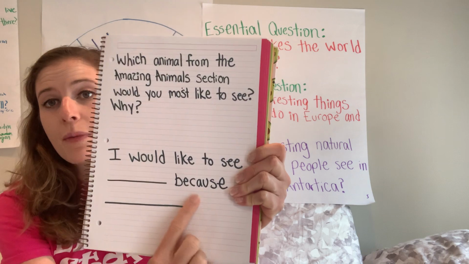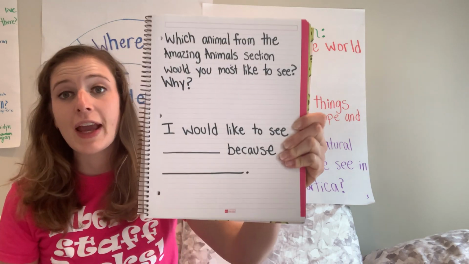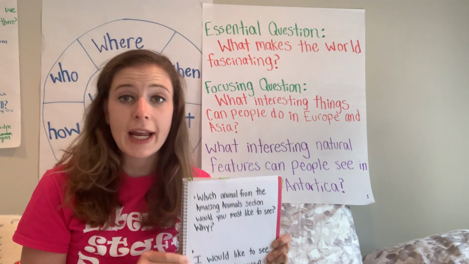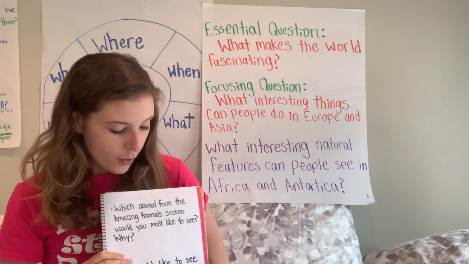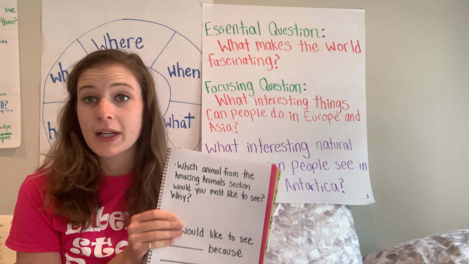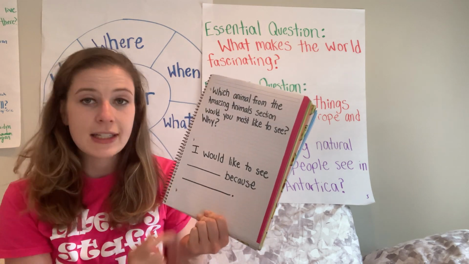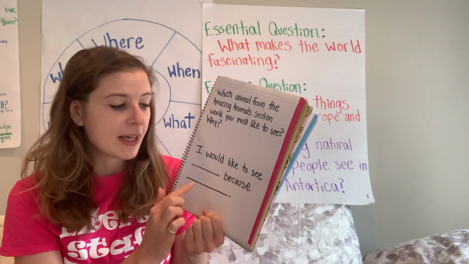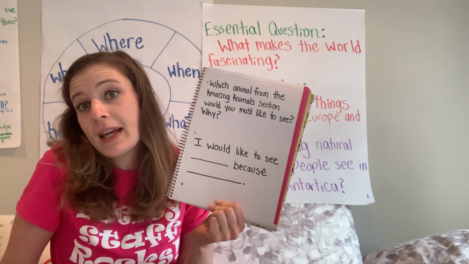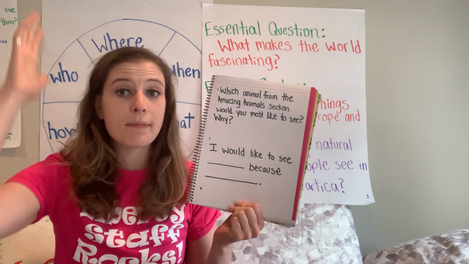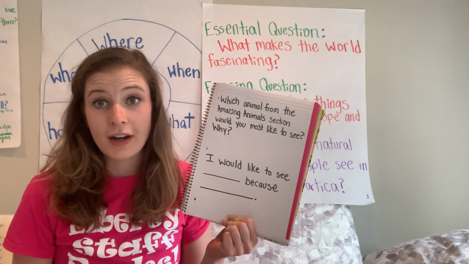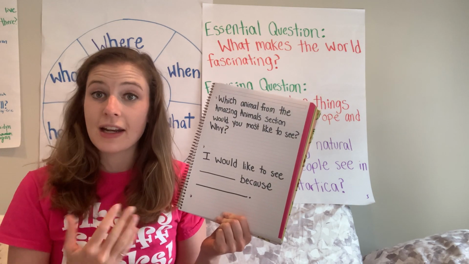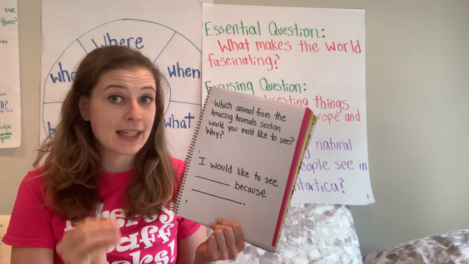Then you need to write that word because, and you need to give a reason. Good writers give a reason for their opinion. So if you decide that you most want to see a lion, then you need to tell me why. You need to say because, maybe you'll say they have a big mane, lots of fur. Maybe you'll say because they are very fast. Think of a reason of why you like that animal.